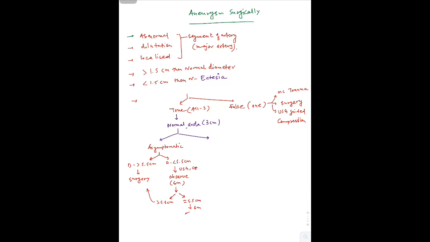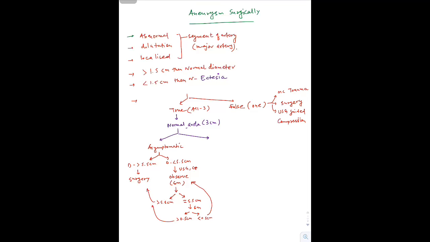But this time we will look for the increment in the size of aorta. If the size increases more than 0.5 centimeter in the next 6 months, then we will do surgery. If the size does not increase more than 0.5 centimeter in the next 6 months, then we will once again do the wait and watch approach.